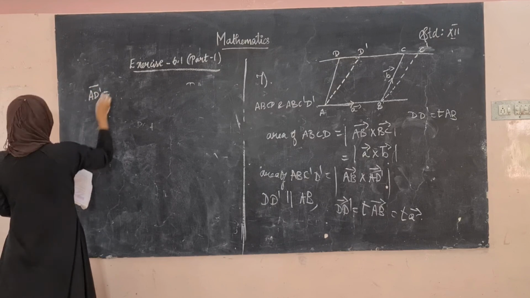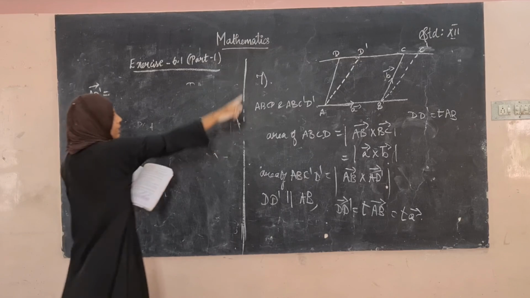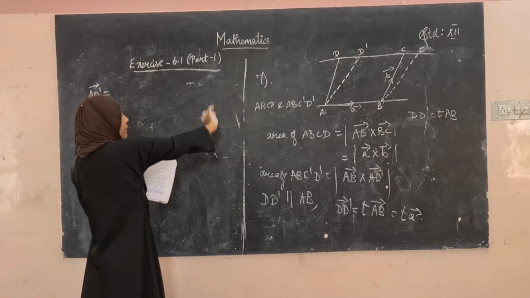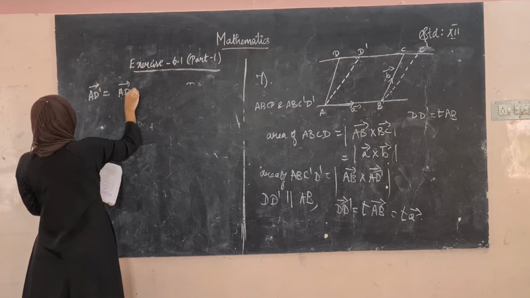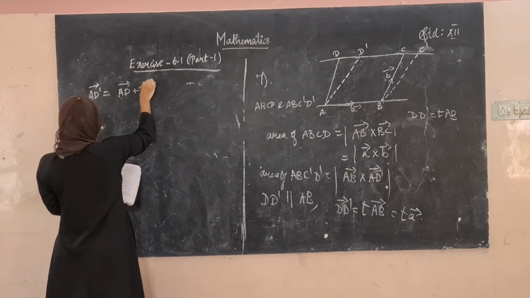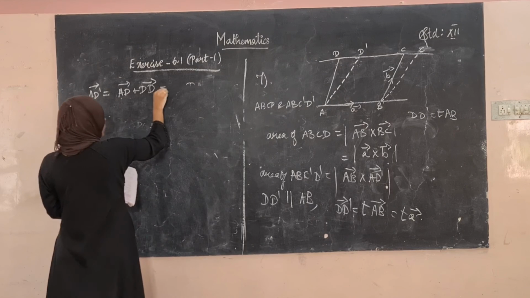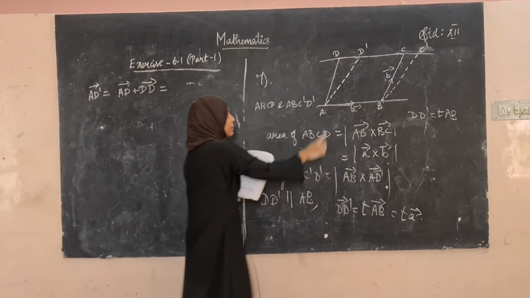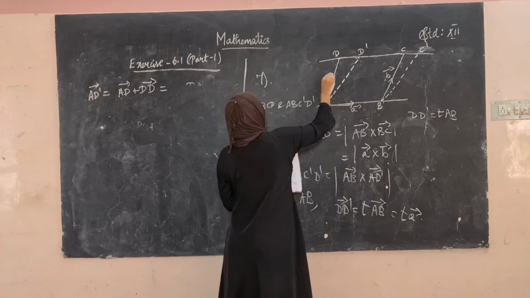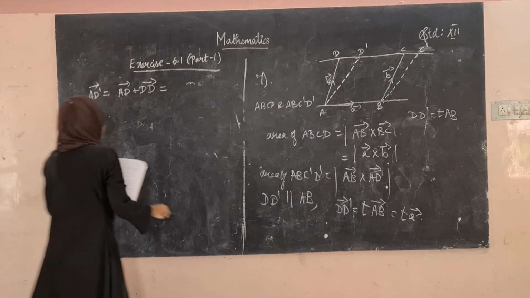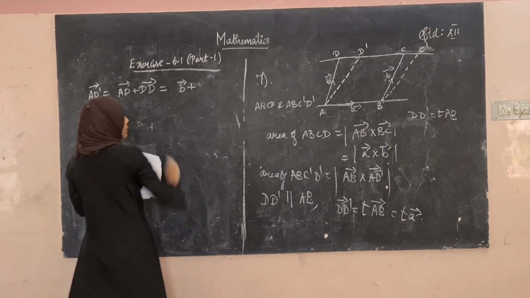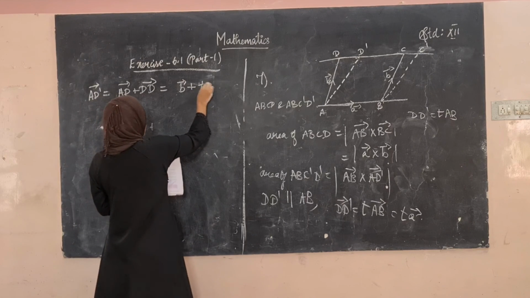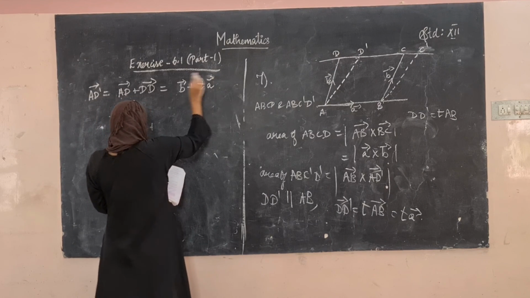AD dash vector is equal to AD vector plus D vector. What is AD vector? If this is B, this is also B. So AD vector is B vector plus, what is D vector? We found it as T into A vector.